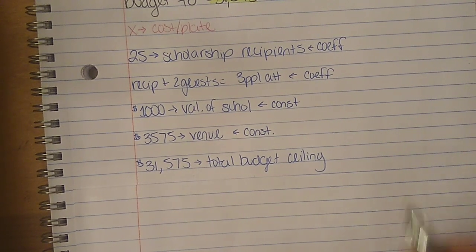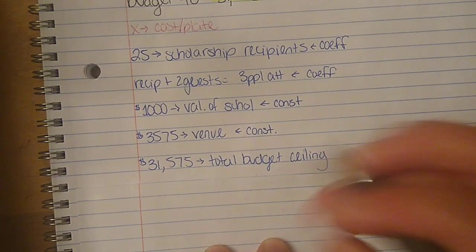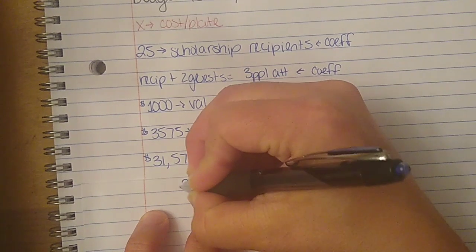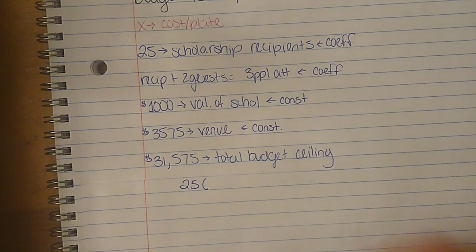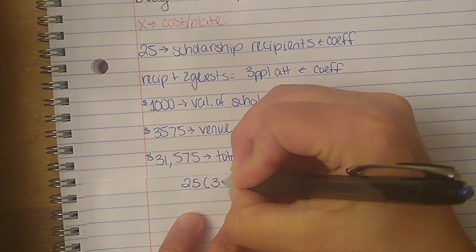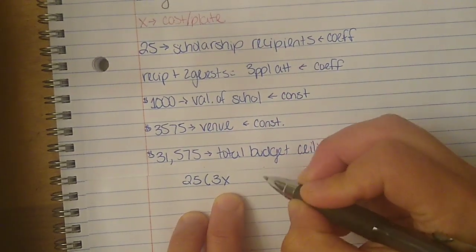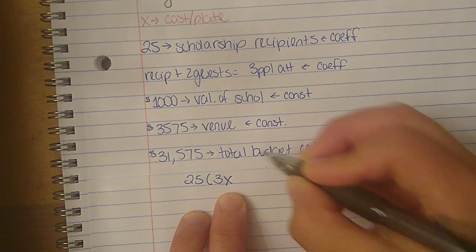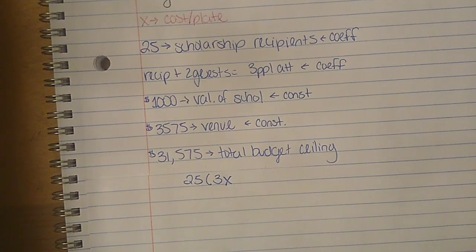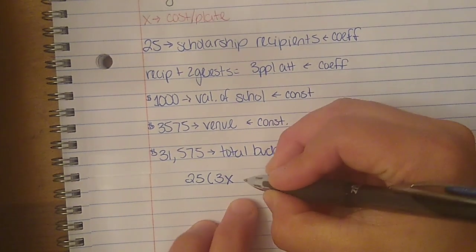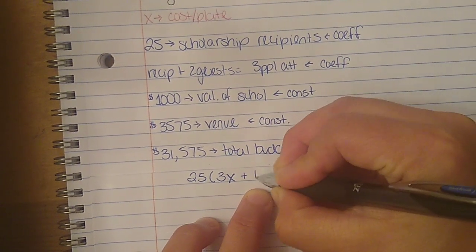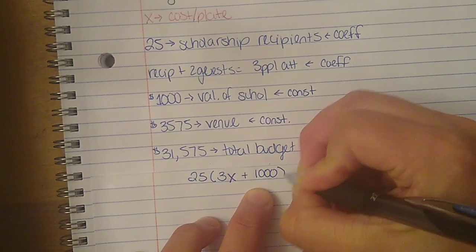So when we're writing this out, I know that there are 25 scholarship recipients. I know that for each scholarship recipient, 3 people are eating. So that's a plate. That's our unknown. We don't know how much the plate costs. All this ends up helping to go into our budget calculation. We also know that for each scholarship recipient, the nonprofit owes them $1,000.